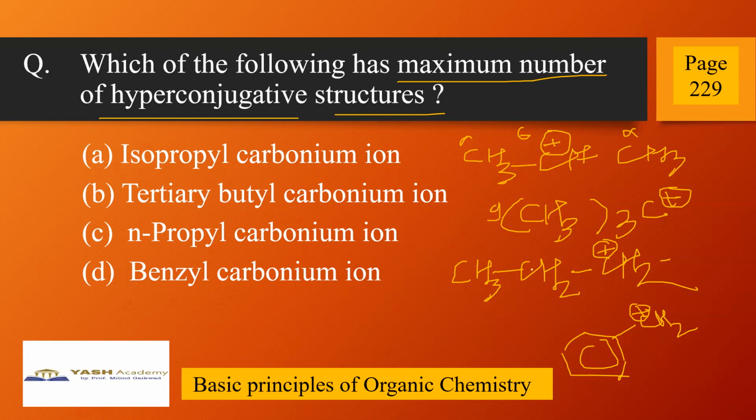In the N-propyl case, only this carbon is considered, with 2 hydrogen atoms. In the benzyl case, this carbon is not attached to any hydrogen, so 0 hyperconjugative structures. So N-propyl carbonium ion has 2, tertiary butyl carbonium ion 9, and isopropyl carbonium ion 6. So this one is the correct answer option.